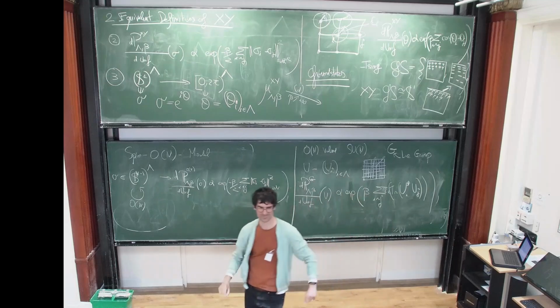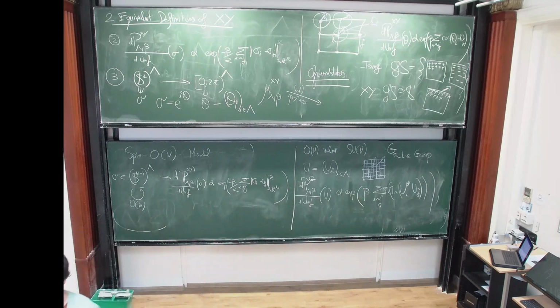Any confusion should be a question. Are you okay with the definitions? In all those examples, we want to fix beta. The temperature is fixed. We want to fix the dimension d. And then we want to let Lambda grow to span the whole Z^d and ask ourselves, how do these measures look?